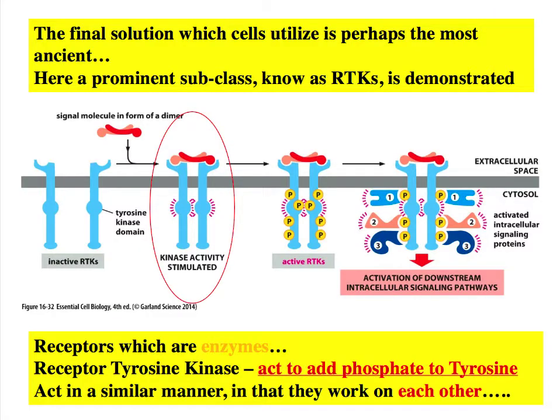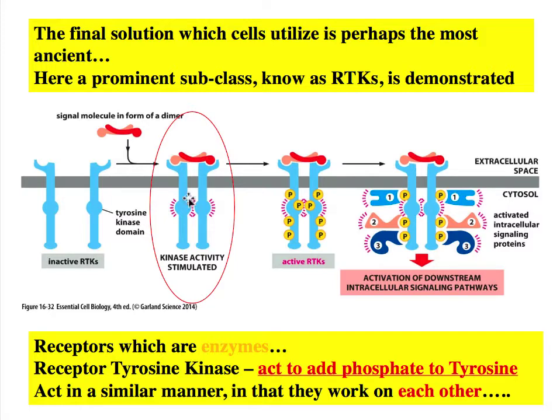This slide conveys the general principle in which the signal is first perceived and how the system is initiated. The arrival of the primary messenger at the cell surface causes different proteins to be brought together, forming a dimer and sometimes a trimer. The close proximity of these two proteins for a change causes one to activate the other.